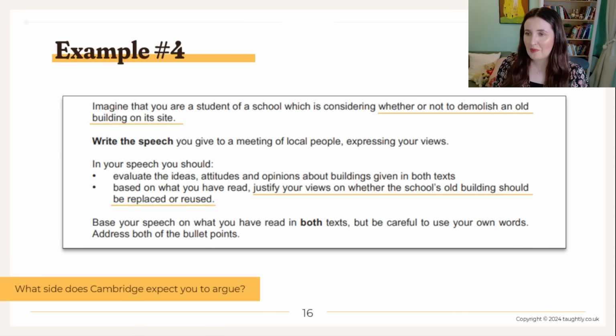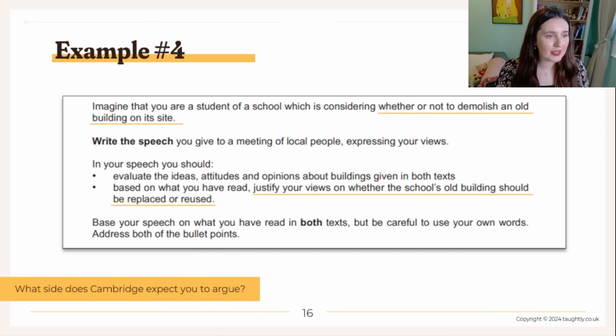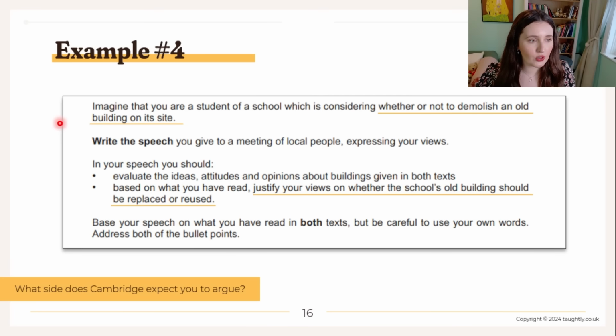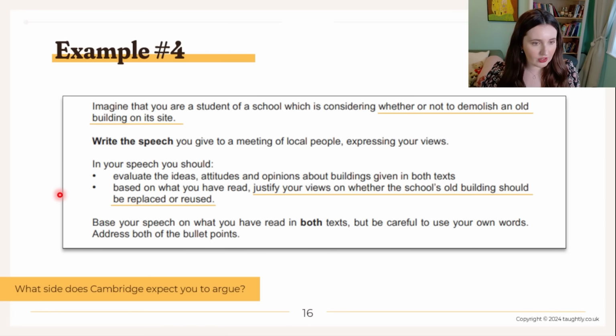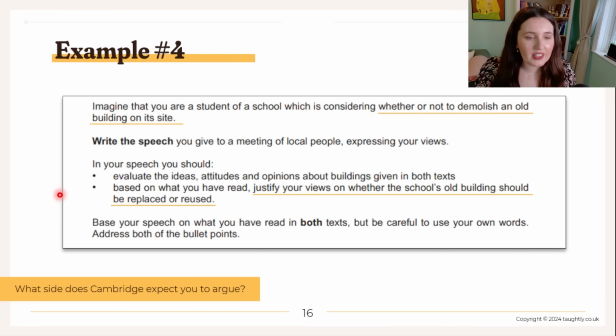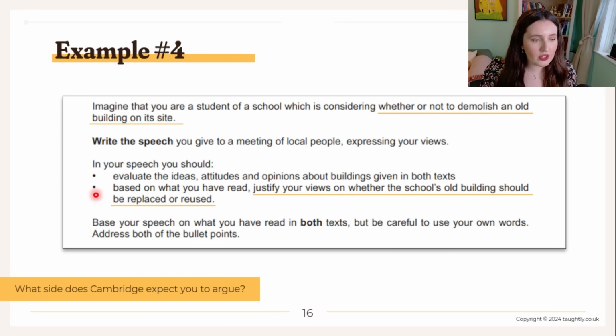And our final example is example 4, and the past paper says, imagine that you are a student considering whether or not to demolish an old building on its site. Write the speech you give to a meeting of local people expressing your views. In your speech you should evaluate the ideas, attitudes and opinions about building given in both texts. Based on what you've read, justify your views on whether or not the school's old building should be replaced or reused.